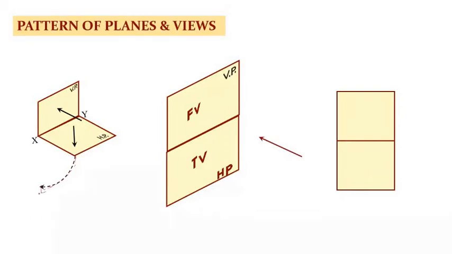If you rotate clockwise 90 degrees, the vertical plane and the horizontal plane will become parallel to each other. So you will get something like this. Are you able to visualize this? This will be your vertical plane and this will be your horizontal plane. So in other words, the front view you will get above the reference line and the top view you will get below the reference line. Are you able to visualize this? Why we are doing this?